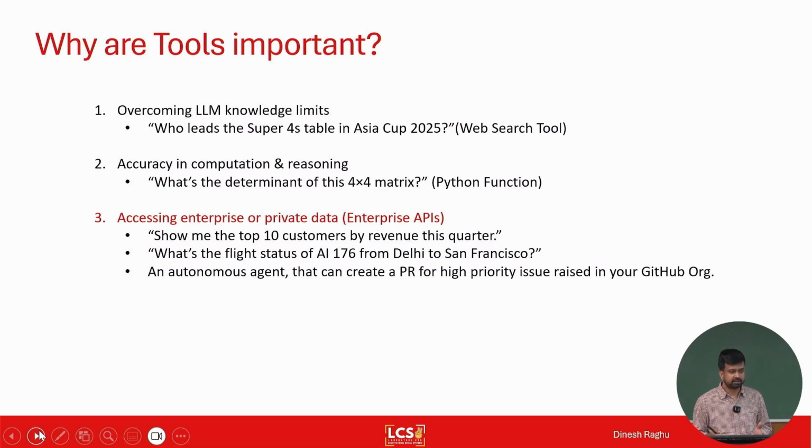So there's a lot of knowledge and tools that enterprises or other organizations might have, which LLMs would not know in general. And that's exactly where tools are very important. And that's why understanding tools is so critical for LLM agents. Otherwise, you cannot automate any use case that you have in mind, right?